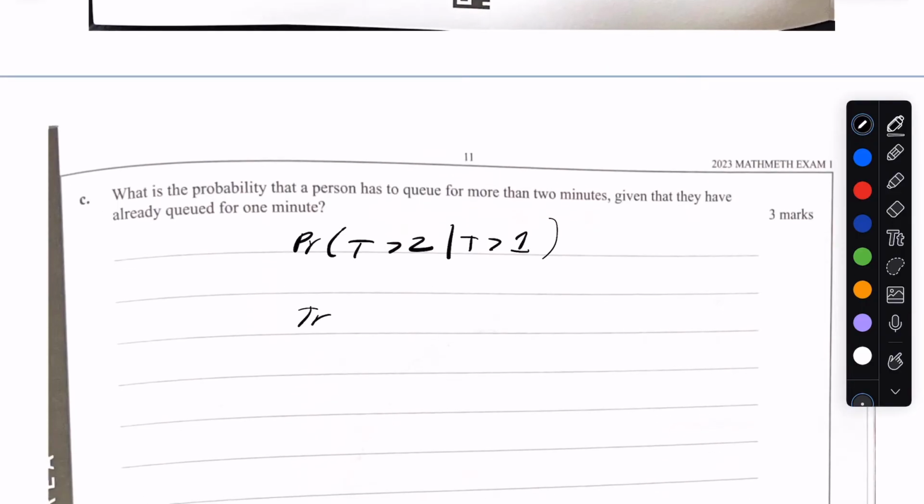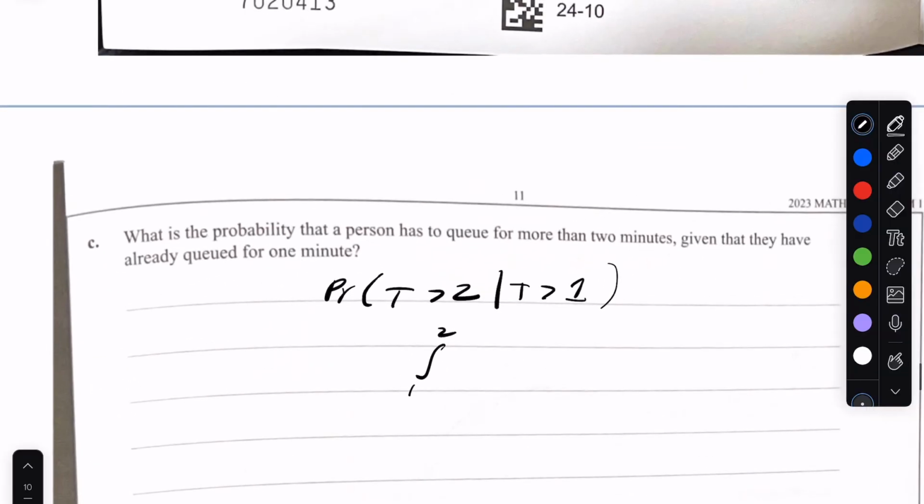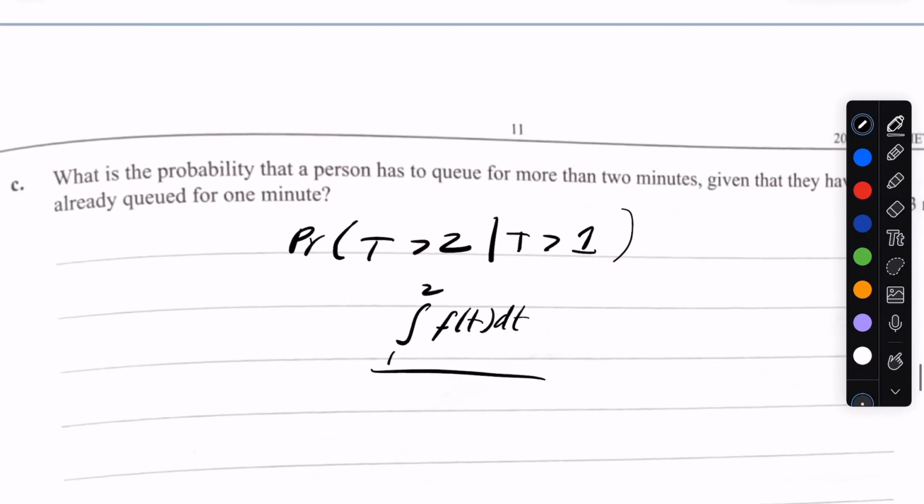So that's the probability. That's just going to be the integral from 1 to 2 of the function. What's the function? F of t over, actually, is it? No, sorry.